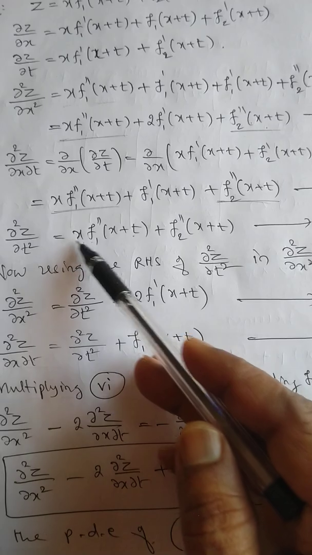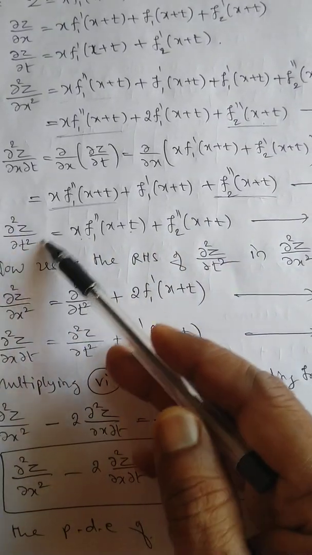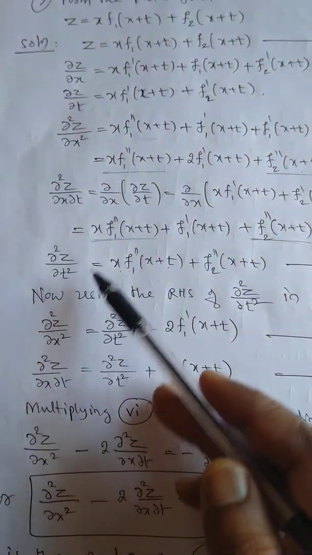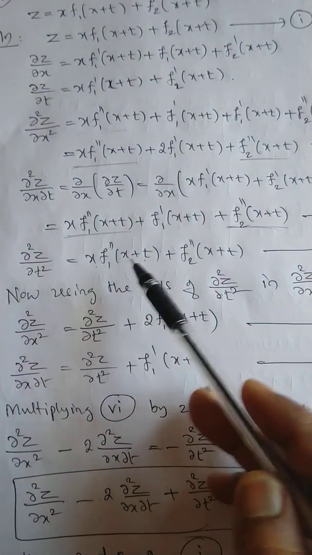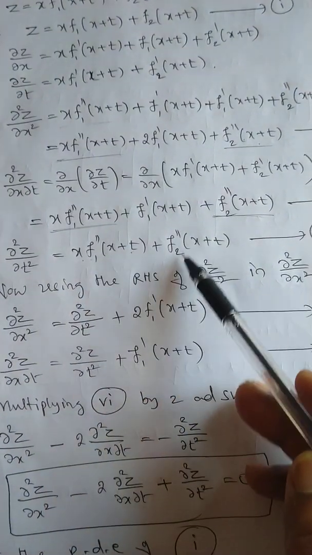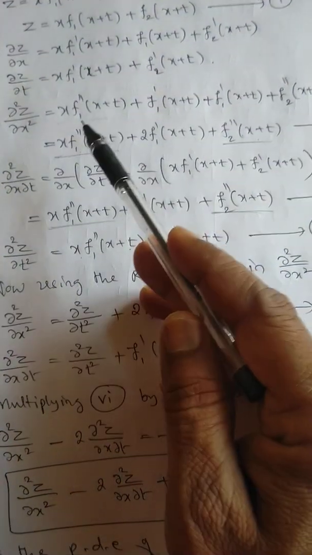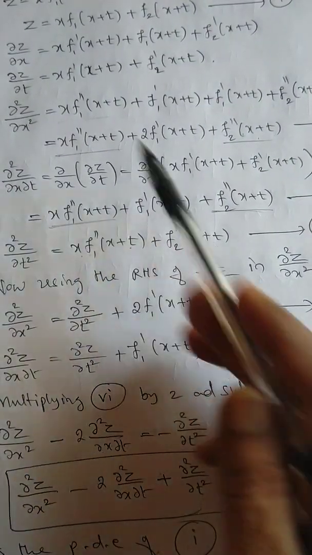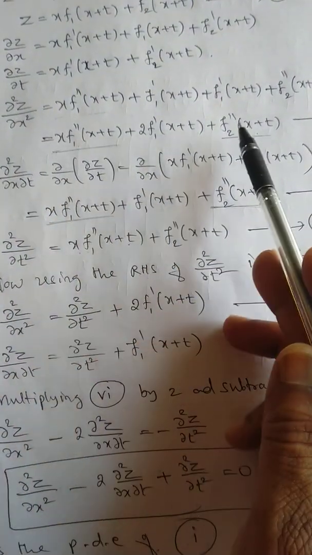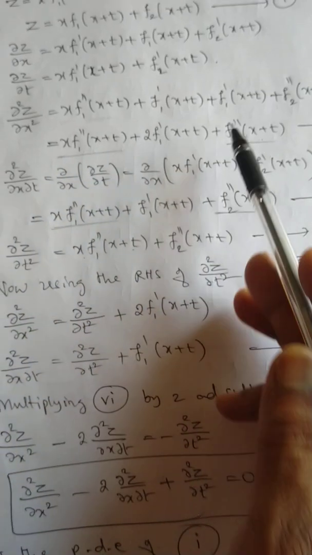Using the right hand side of ∂²z/∂t², that is x f1 double dash plus f2 double dash, these are the terms of ∂²z/∂x². Just check the first and last terms.